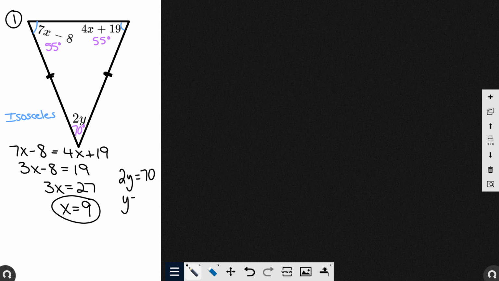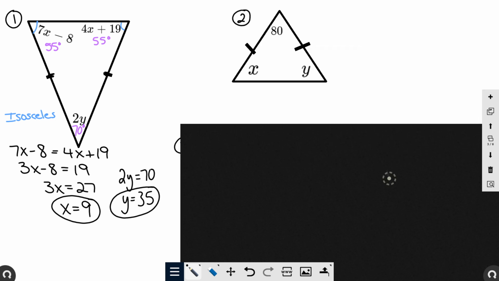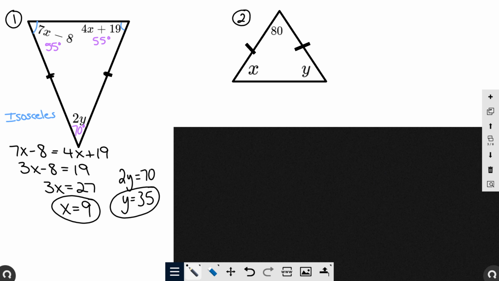So we would just divide, and y equals 35. So when you see an isosceles triangle, remember two sides are equal, which means two angles are equal. Set those angles equal, then find your missing angle. All right, draw this picture on your notebook paper.